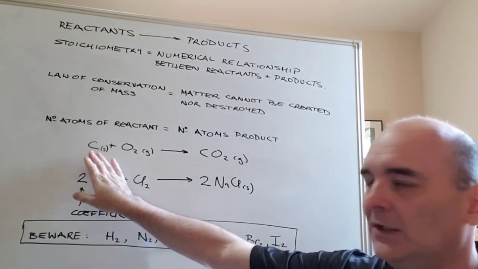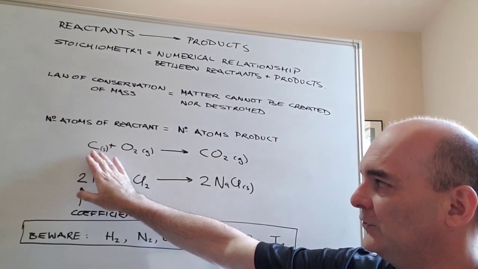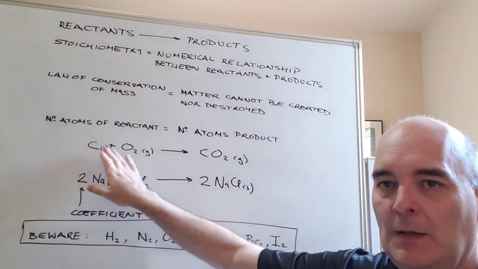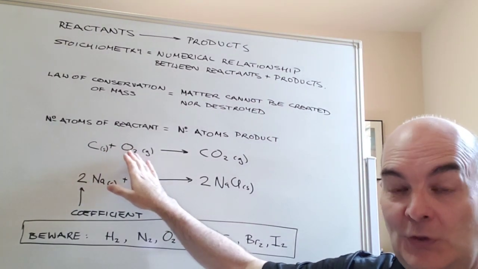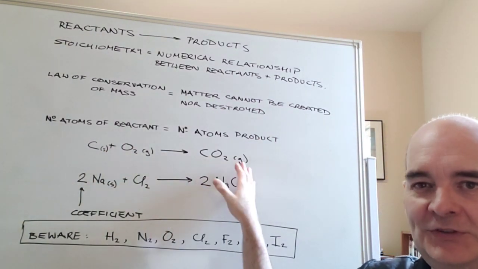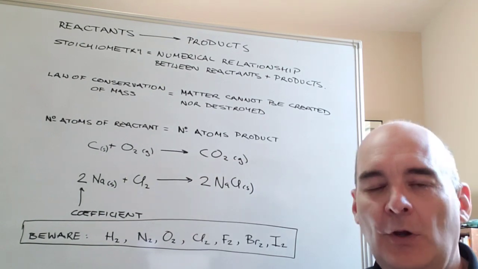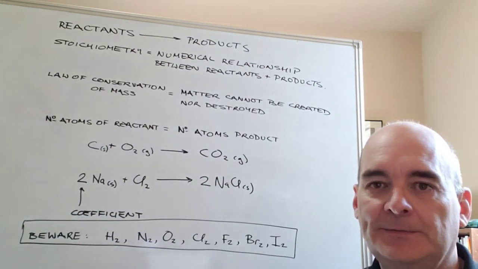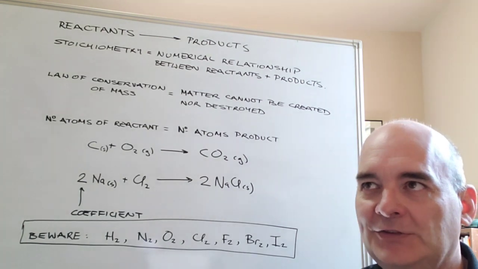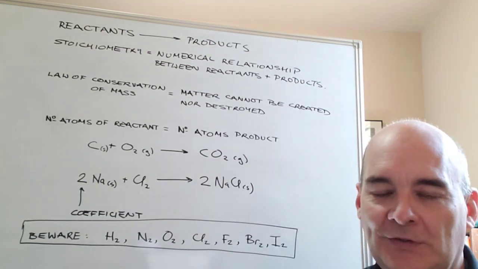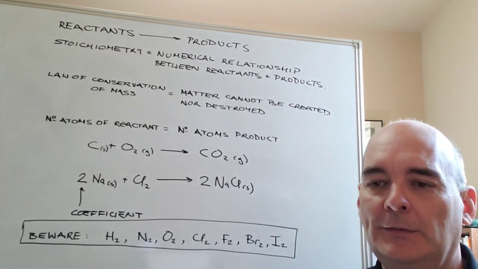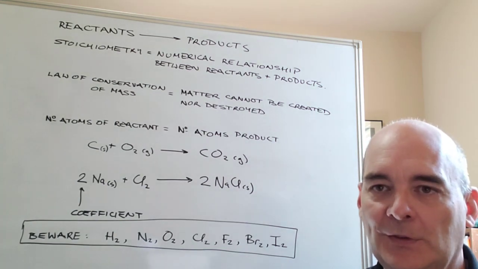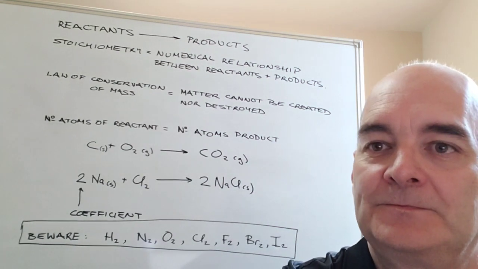It would be easier for all of us if I could just say C plus 2O, two oxygen atoms, equals CO2. But there are no oxygen atoms on this planet. And so it's just disingenuous of us to write that down knowing full well that it's not how stuff comes to us.